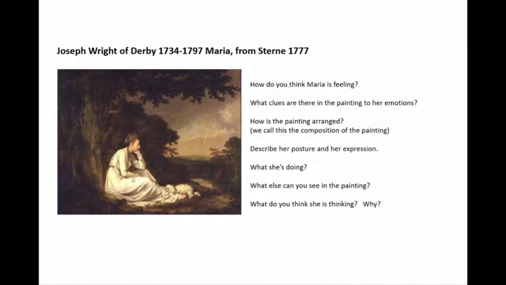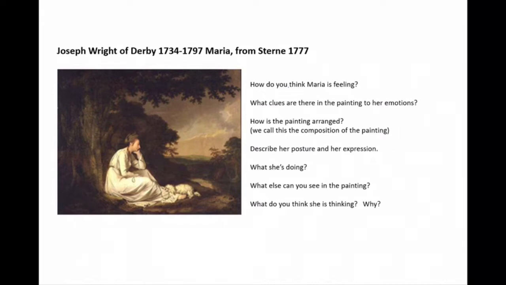There are some questions now that I'd like you to think about and to talk about relating to what you see in the portrait. I'll go through the questions and then I'll leave you to discuss them for a while. How do you think Maria is feeling in this painting? What clues are there in the painting to her emotions? How is the painting arranged?